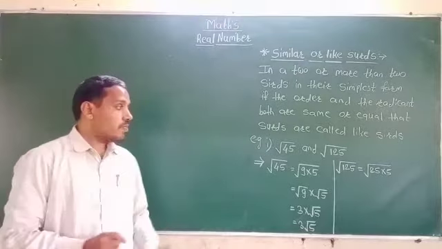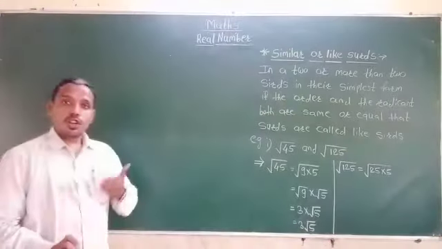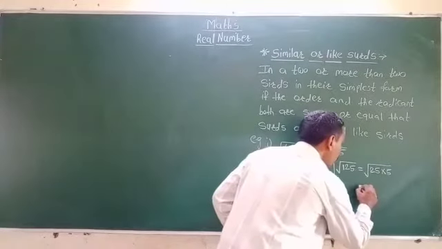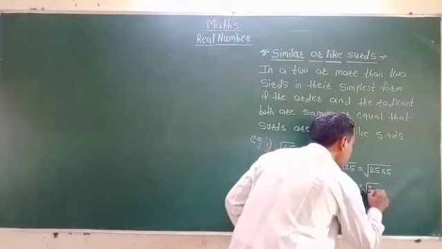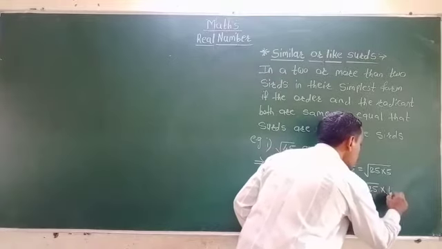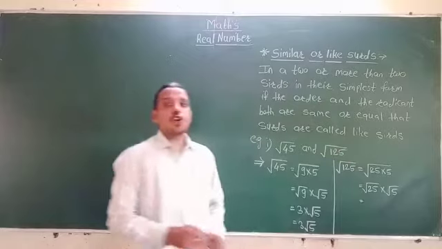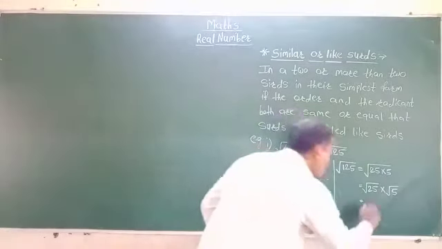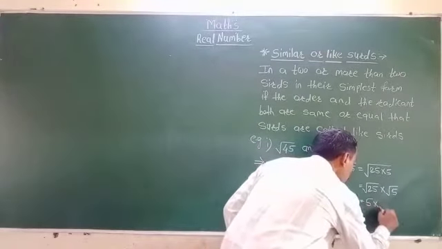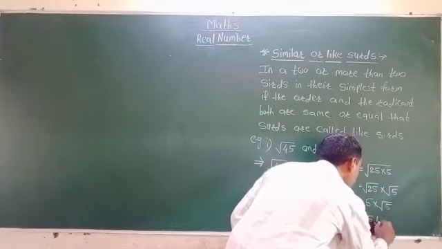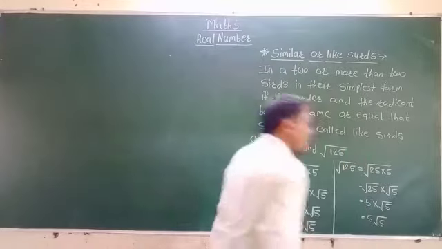We again split it into surd 25 into surd 5. The square root of 25 is 5, and we write down surd 5, so we get the answer 5 surd 5.